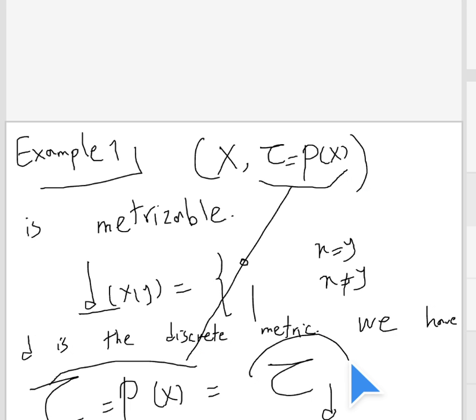Indeed, we say that the discrete topology is metrizable.